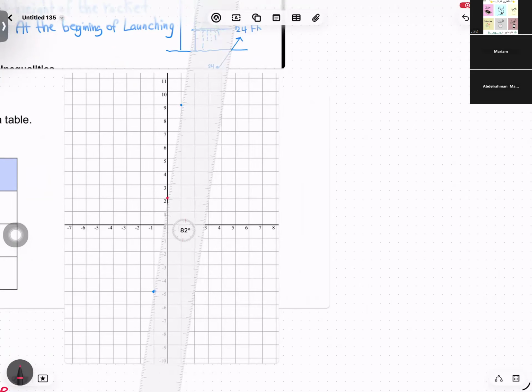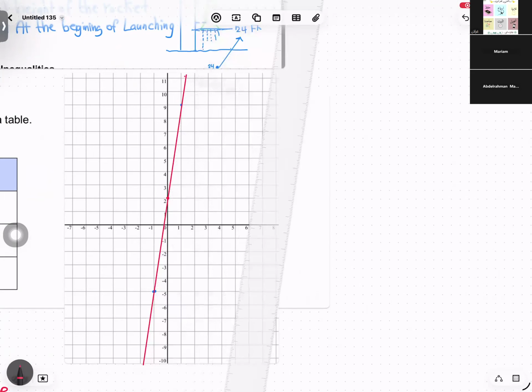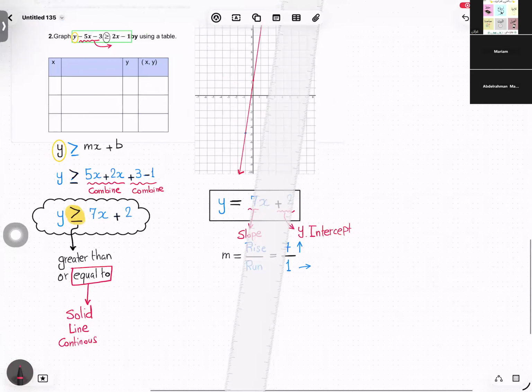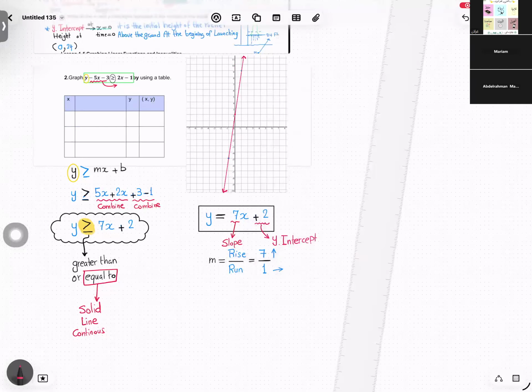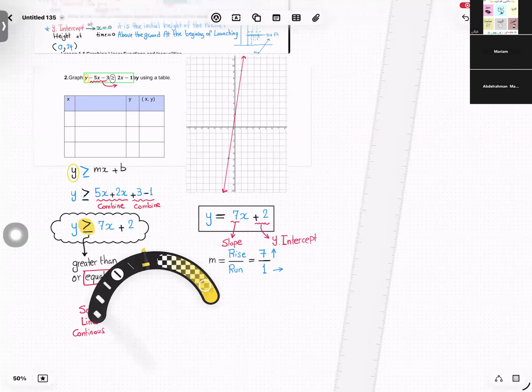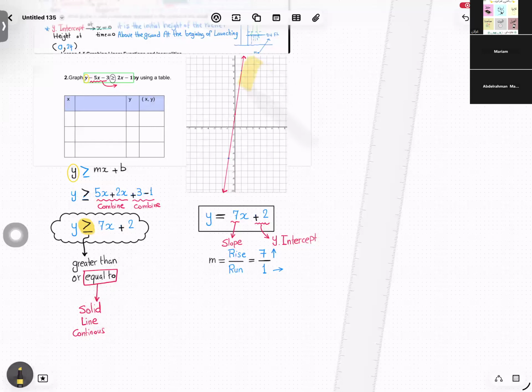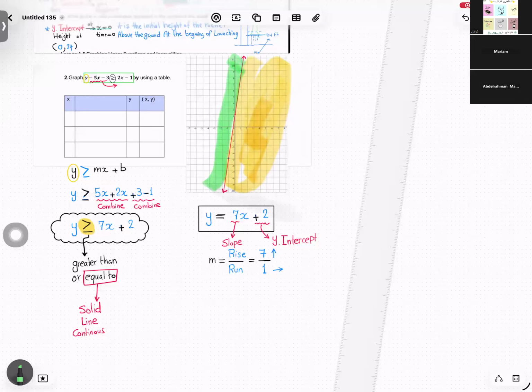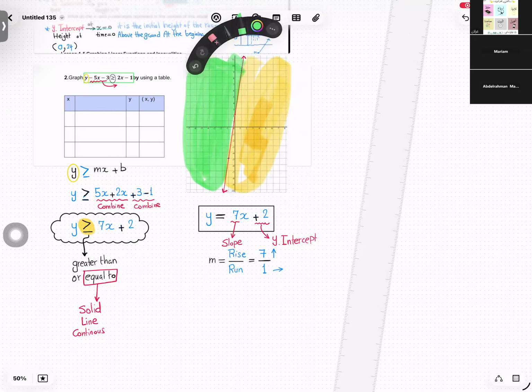So that is the first thing. The last thing: we will shade either the area above the line or the area below the line. You will say, Mister, it's not above or below, it is on the right or the left.